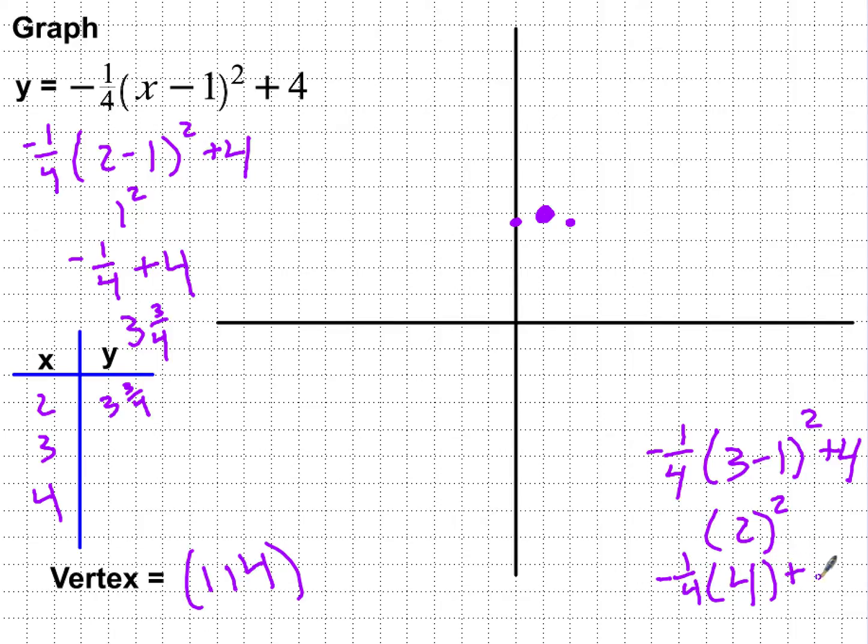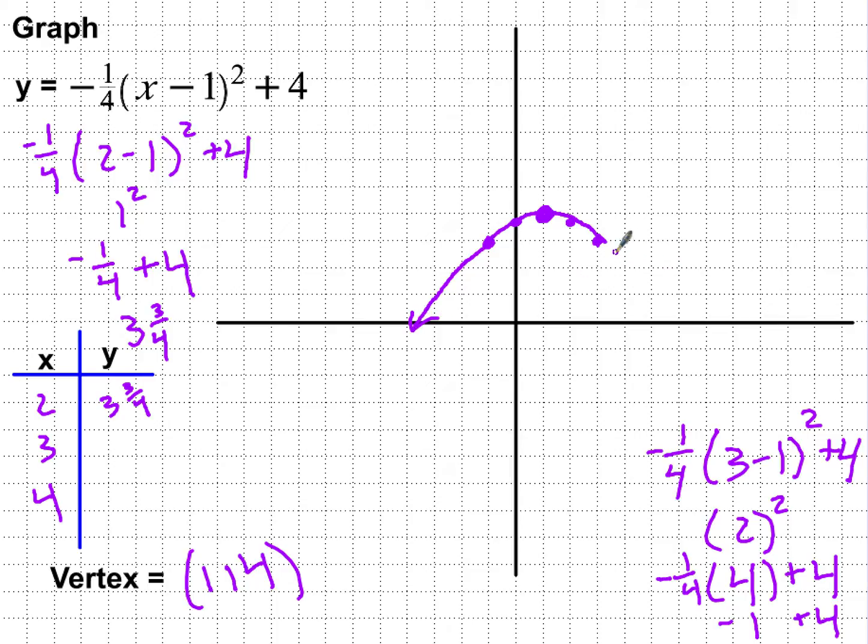And this is where we might actually get a whole number here, because negative 1/4 times 4 is negative 1 plus 4. And that's going to give us 3. So now we're finally at that actual whole point. But see how much fatter this one is from having a multiplier 1/4? It's way fatter. Okay. And then if we went to 3, it will probably increase a little bit more.